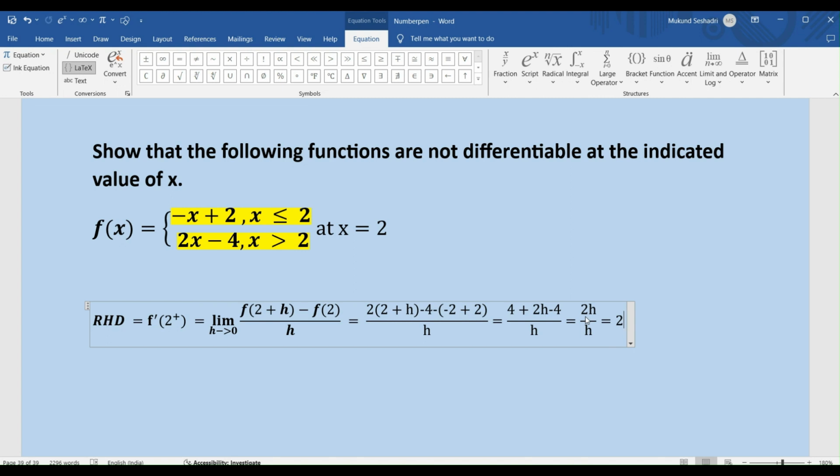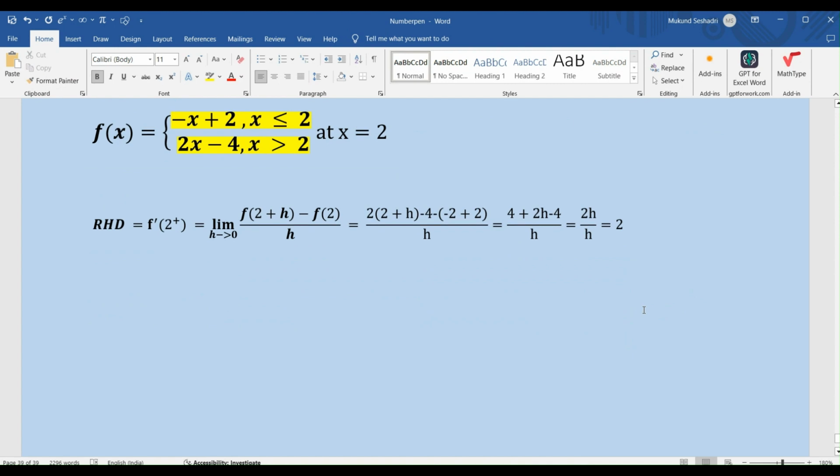Now, for further establishing differentiability, we will have to go ahead and calculate our left hand derivative, right? So there we have the left hand derivative on our screen. LHD equals f dashed of x naught minus equals limit h tending to 0 f of x naught minus h minus f of x naught divided by minus h, right? And what is my x naught?